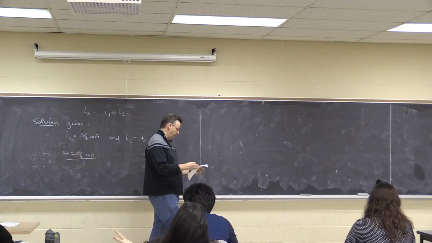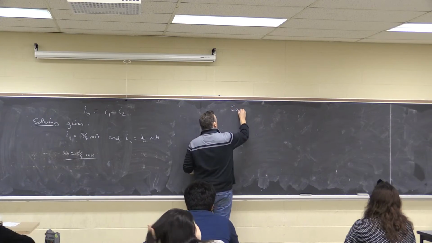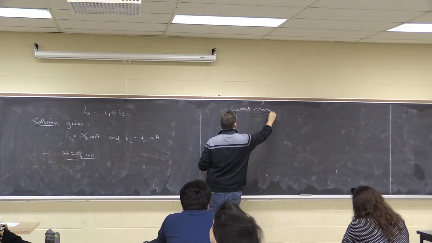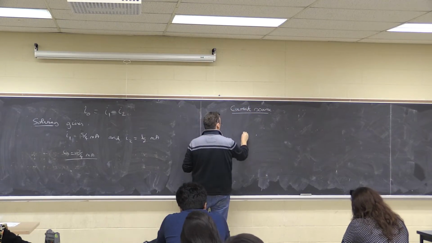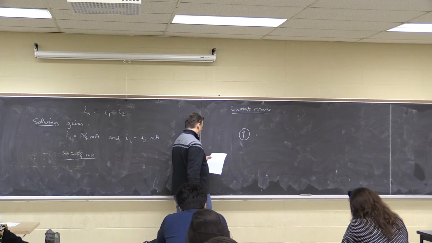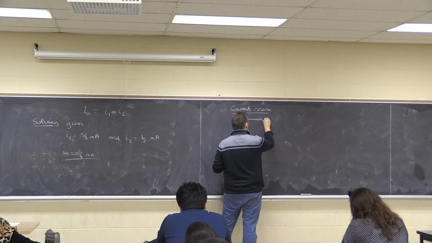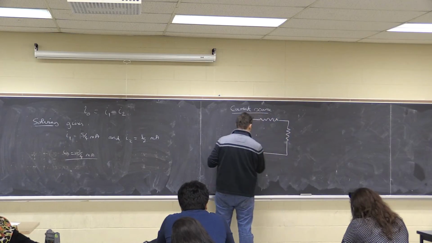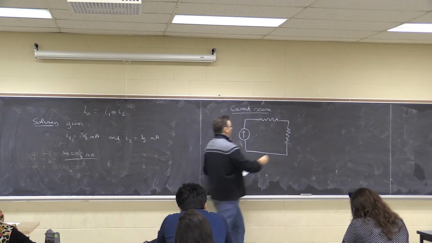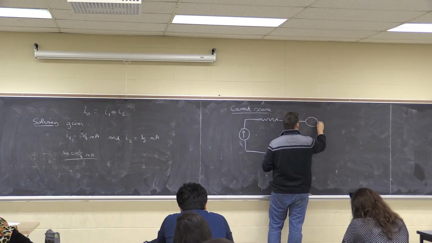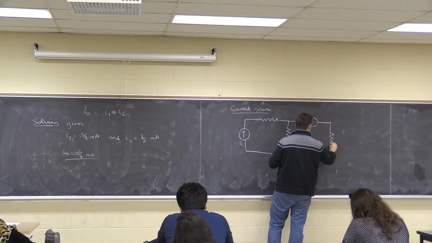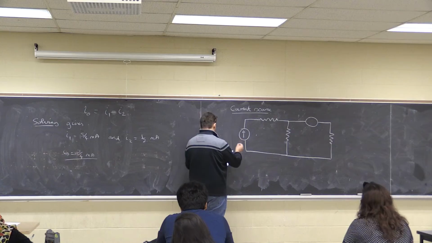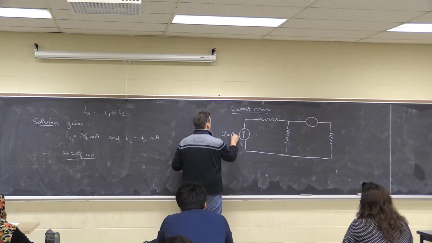Let's look at one that's got a current source in it now. So we're going to have a current source, and a voltage source. So this is a current source. It delivers 2 milliamps.